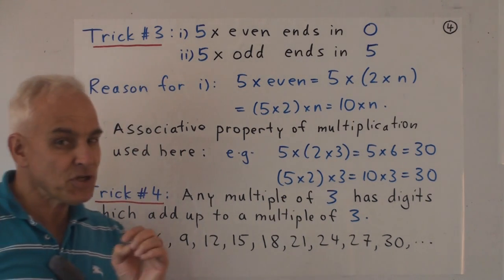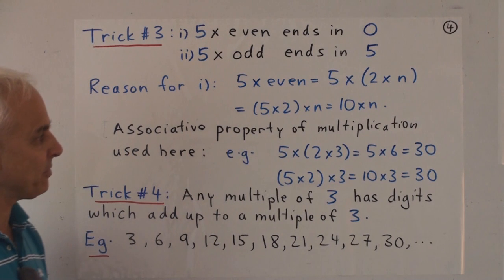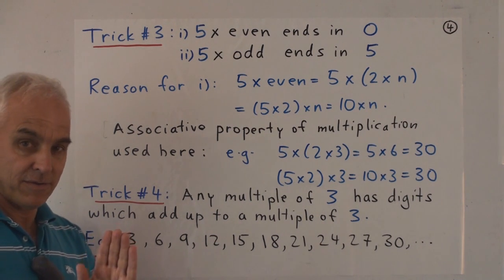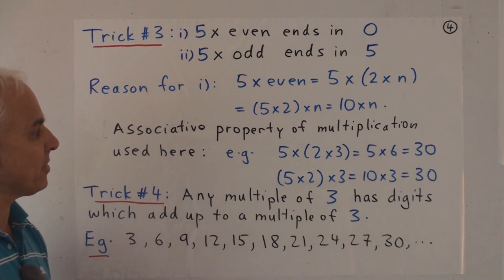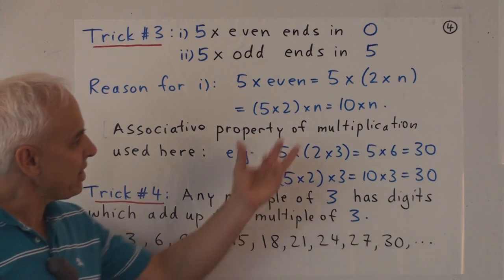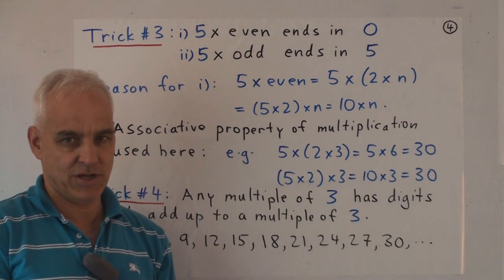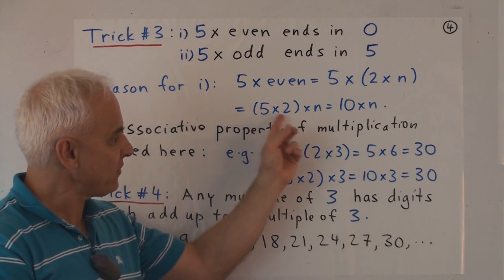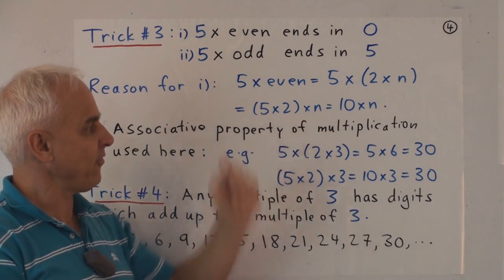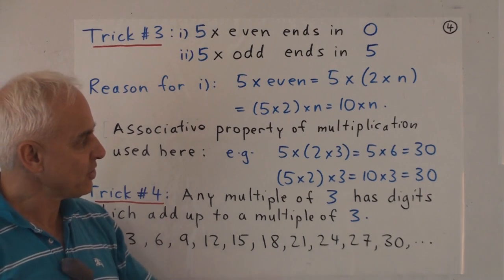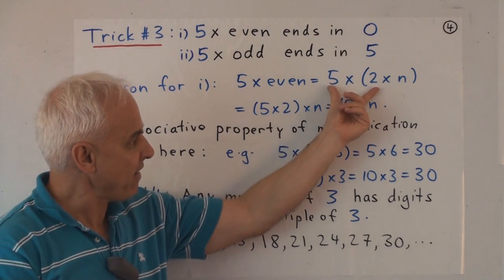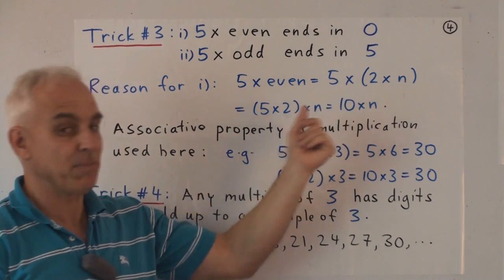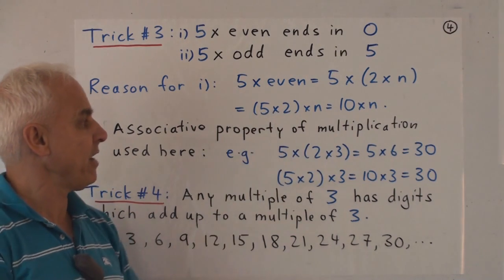But the associative law for multiplication, which is one of our very important laws that we're going to be talking about, tells us that we can rearrange this kind of multiplication so that it's now 5 times 2, times n. So we can combine the 5 and the 2 first, multiply them together, and then multiply by n.